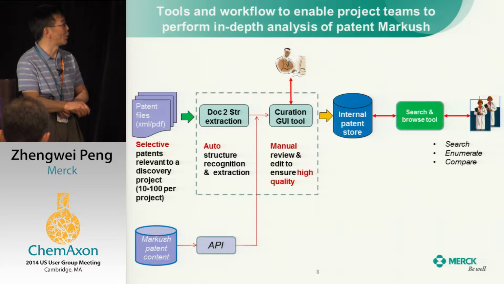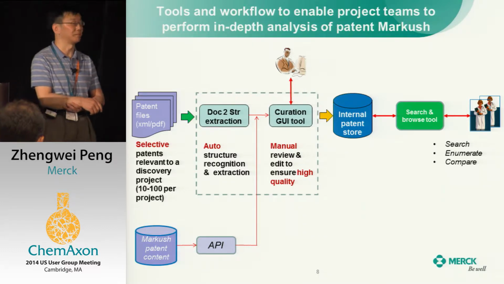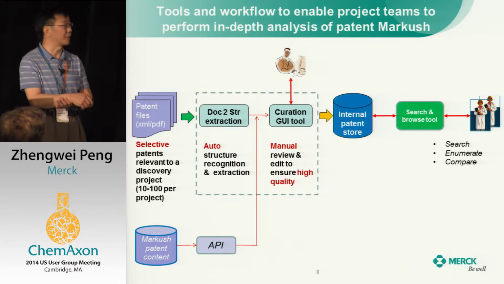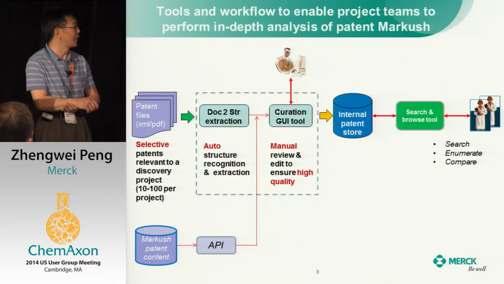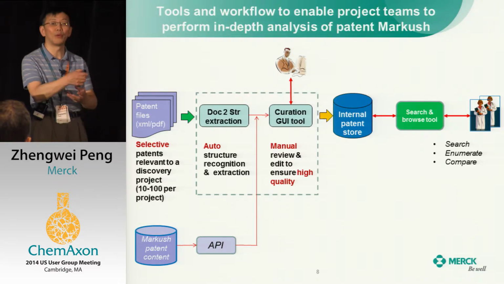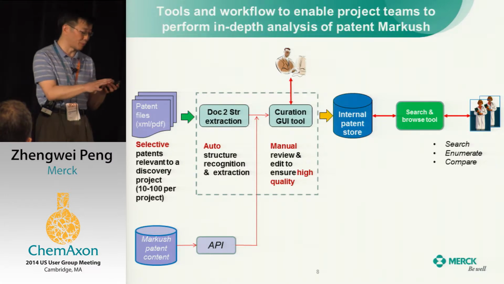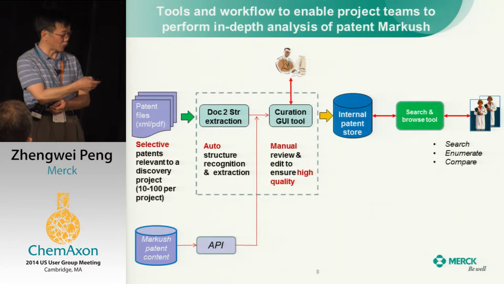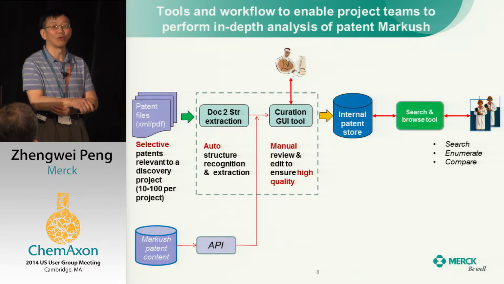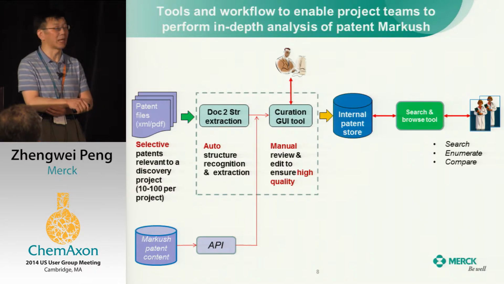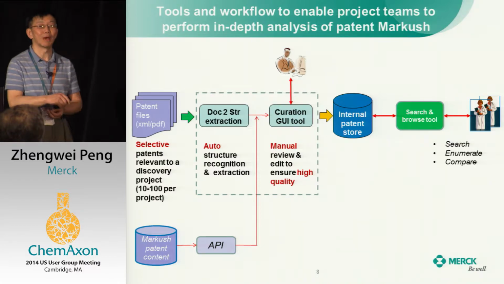But if Merck wants to build an internal collection of Merck's own compounds, a patent Markush collection, we could download theirs and then, through curation, make sure that we are satisfied with quality and put it inside, so that we can always compare our patent proposal draft with Merck's own patent collection to make sure that they don't invalidate each other.